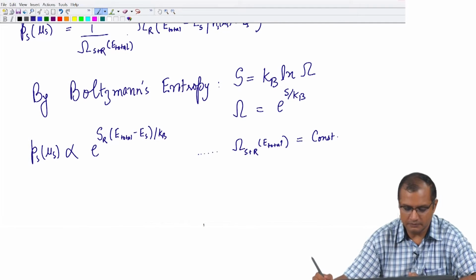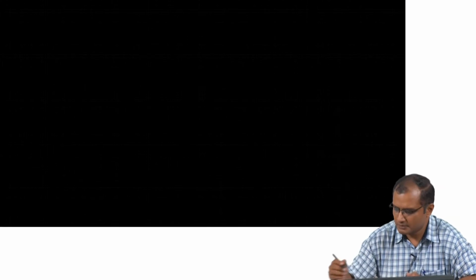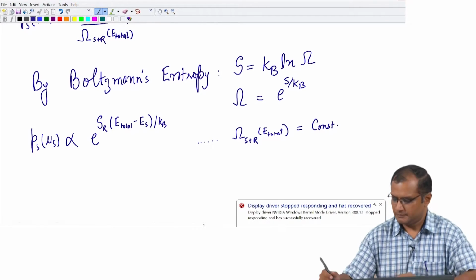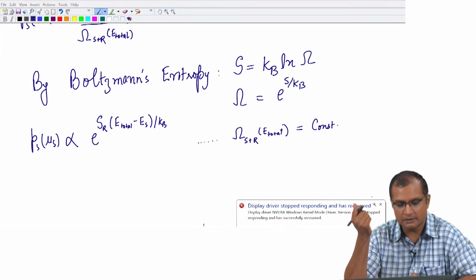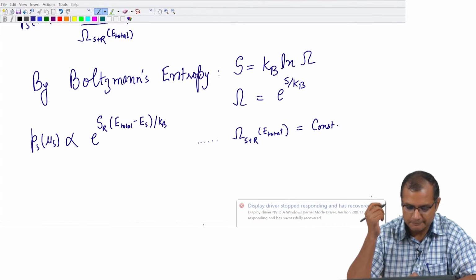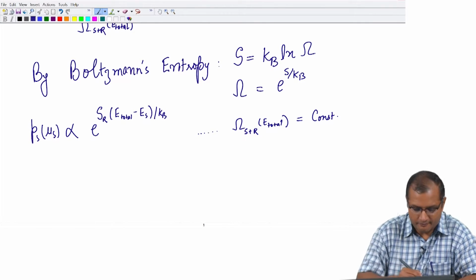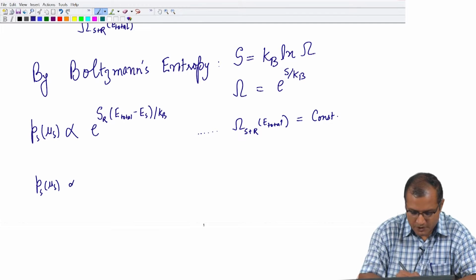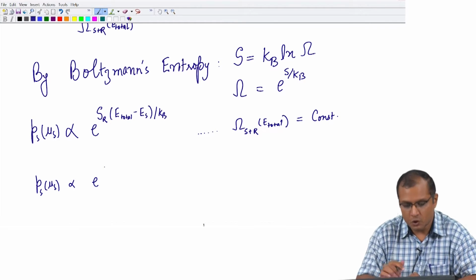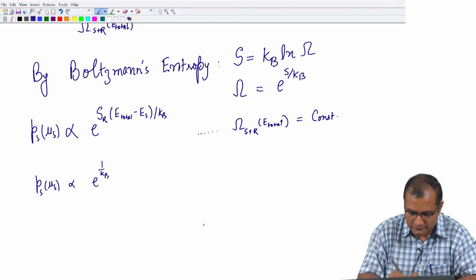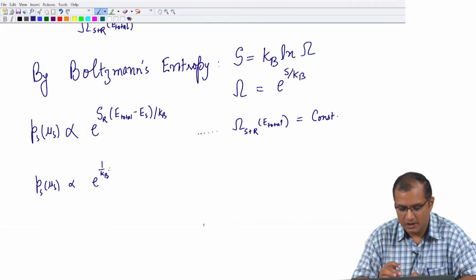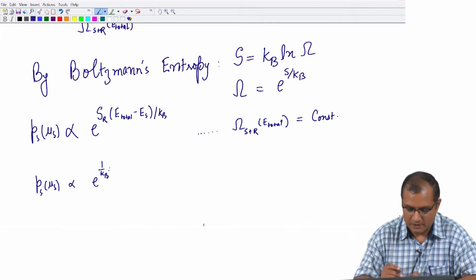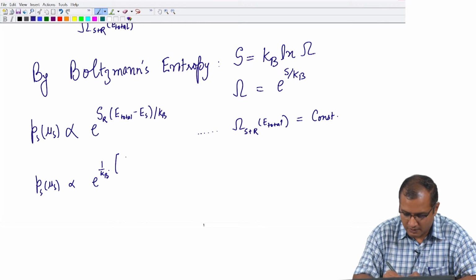And you can basically say that I can write down this P of mu s as simply proportional to e to the power, I can expand the numerator in powers of, as a Taylor expansion, in powers of the energy of the system, S of R as a function of E r.